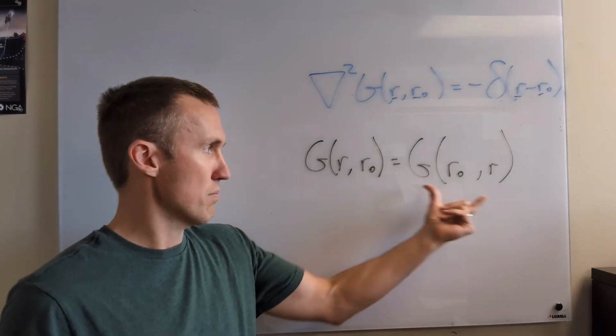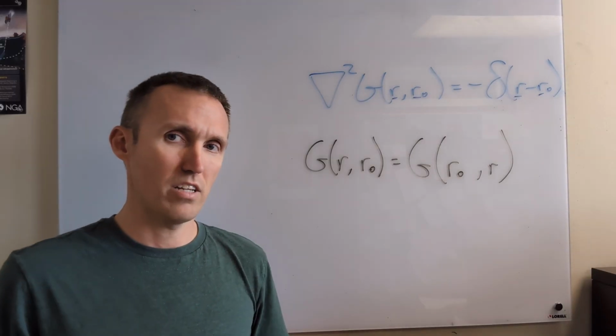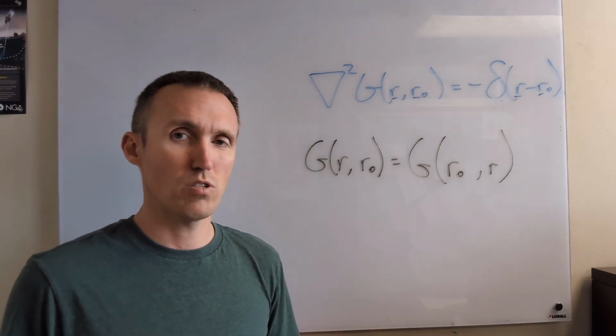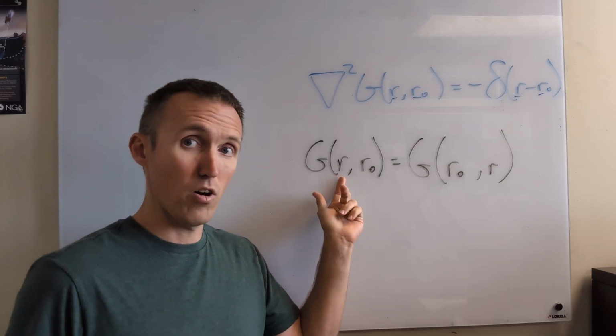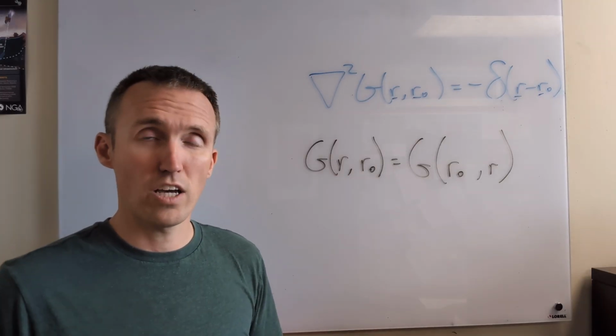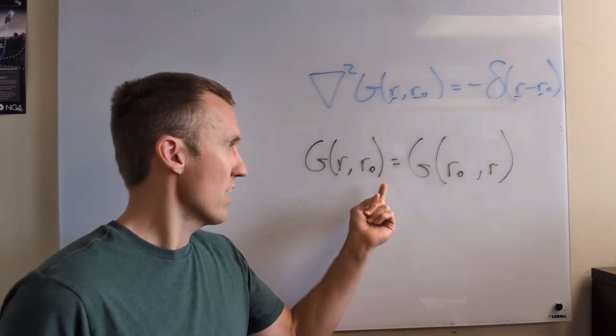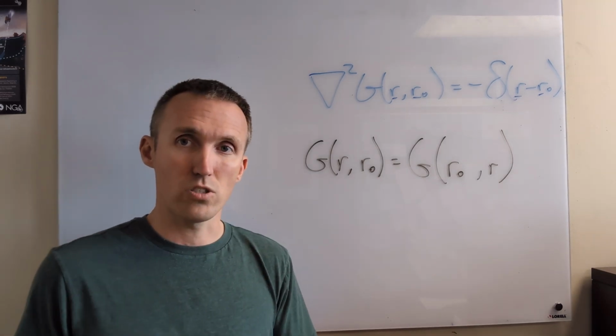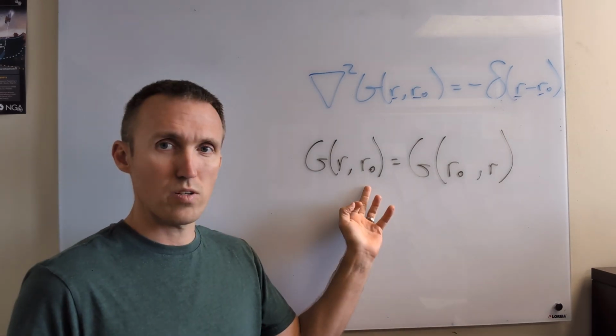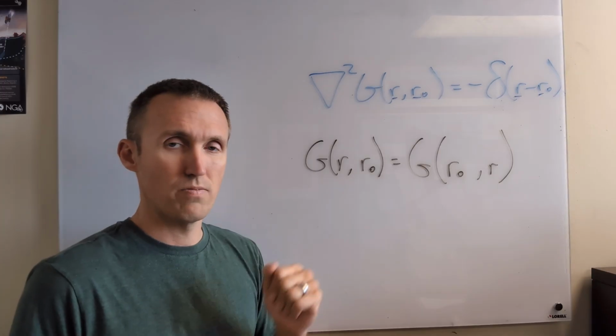So basically you flip the order, and we're going to use this notation as we go along. Think about r as our observation location, our measurement location, something like that, a test location. And then r naught is going to be like a source. So sometimes it's called source location and receiver location.